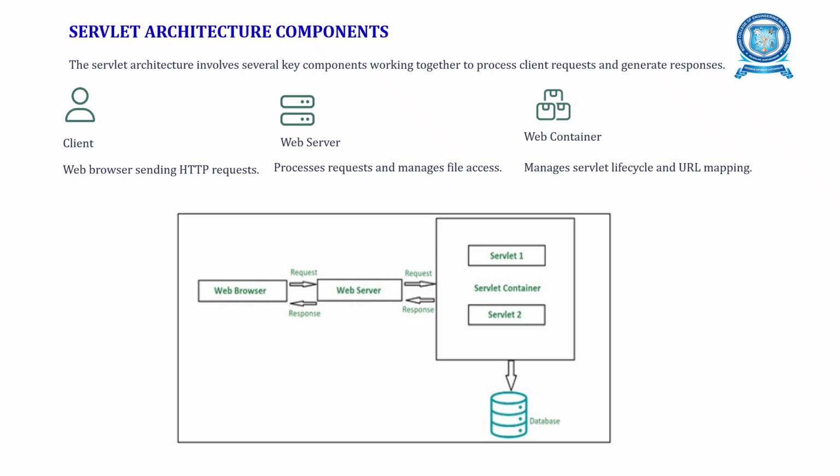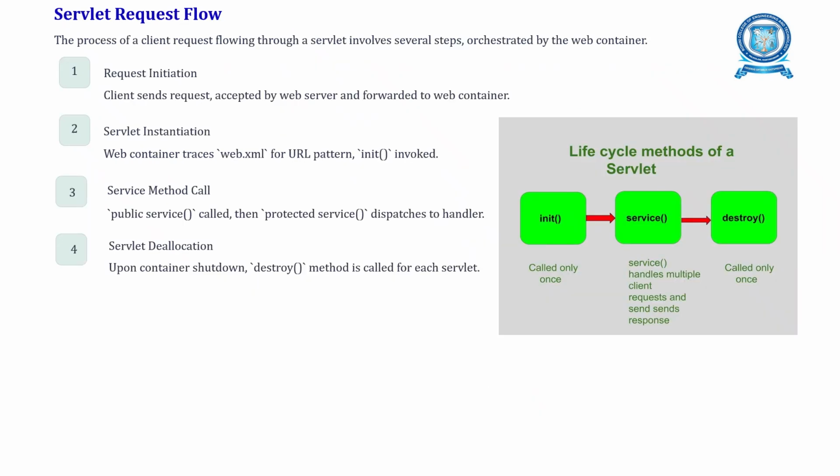Then the web server gets the requested resource from the web container. The client, the browser, sends the HTTP request, and the web server processes the request and manages file access. The web container manages servlet lifecycle and URL mapping.